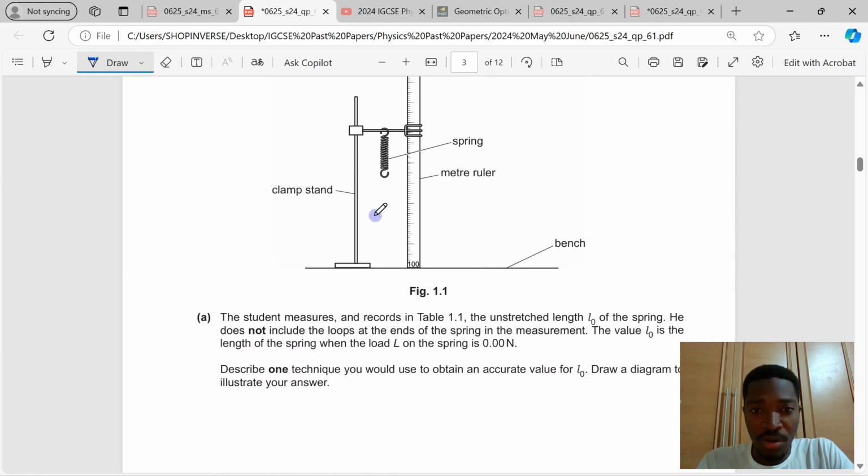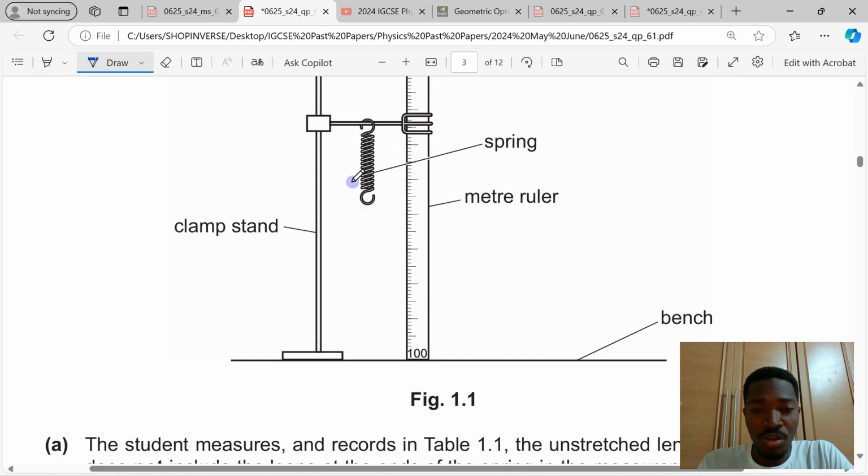So in order to get an accurate reading of length here, you don't just have a spring and a meter rule and then use your eyes to try to visualize what part of the meter rule the spring is on. What you do is use a set square which will slide along the length of your meter rule.